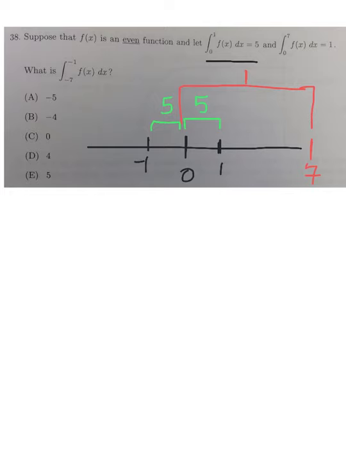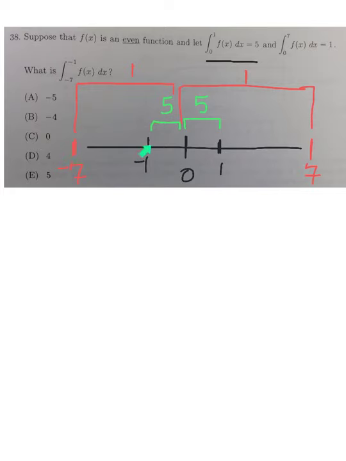Likewise, if that's the case from 0 to 7, then from -7 all the way out to 0, this would also have an area of 1. Now let's read the question. The question asks, what's the area under the curve from -7 to -1? So they want to know the area from here to here.